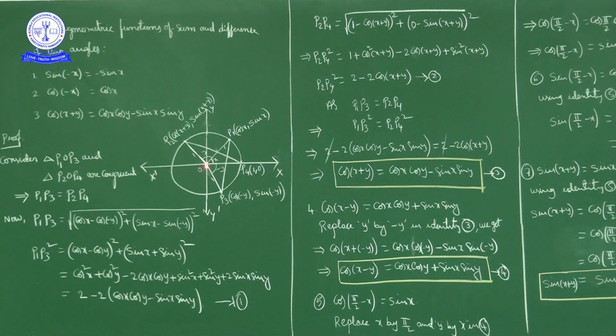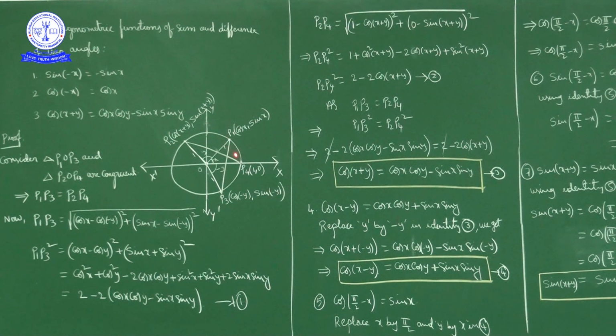Now I'll take one more point P3 with the same angle y, but in the clockwise direction, which means this angle is minus y. Magnitude-wise it is y, but as we are measuring in the clockwise direction, it is minus y. So the coordinates of P3 are cos of minus y comma sin of minus y.